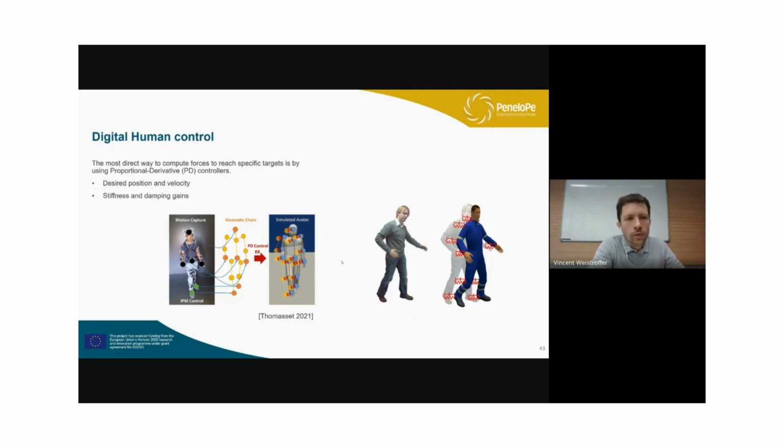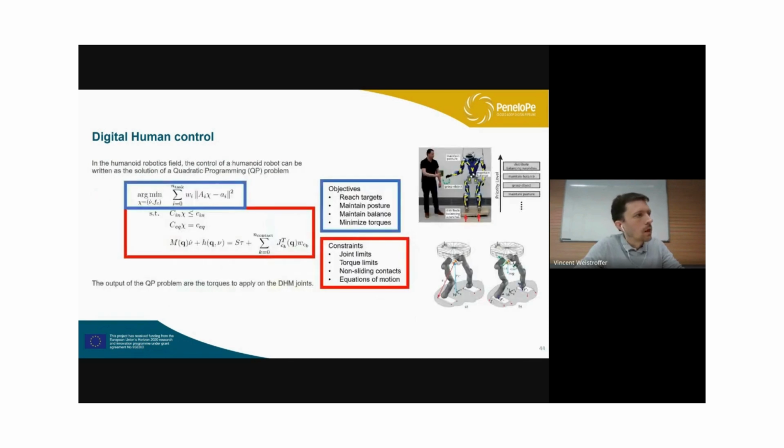You can also have these PD controllers in the articular space, meaning that the input is only angles, so joint angles, and you would give these angles as desired positions and move your joints to reach these joint angles. So this is the most common way of doing it, and it's quite easy. Then I will go into more complex algorithms now.